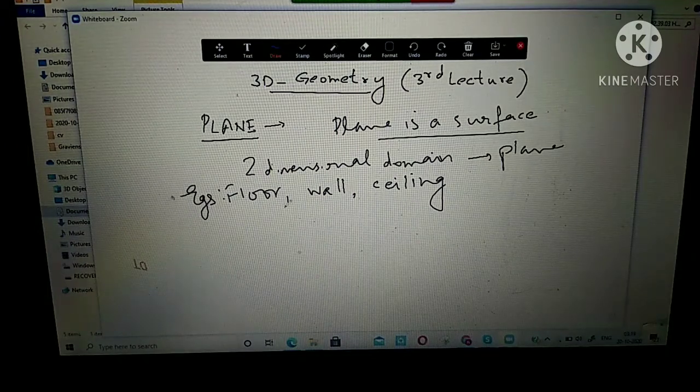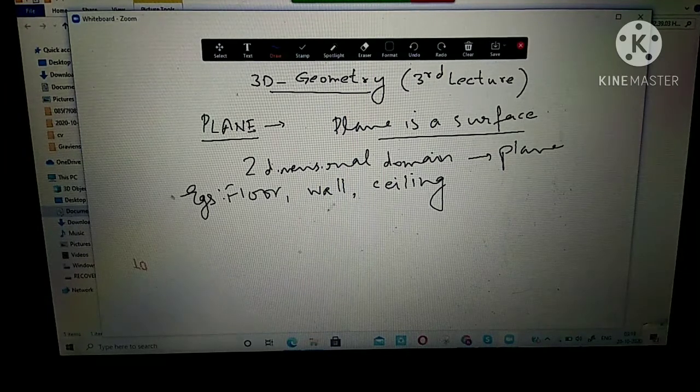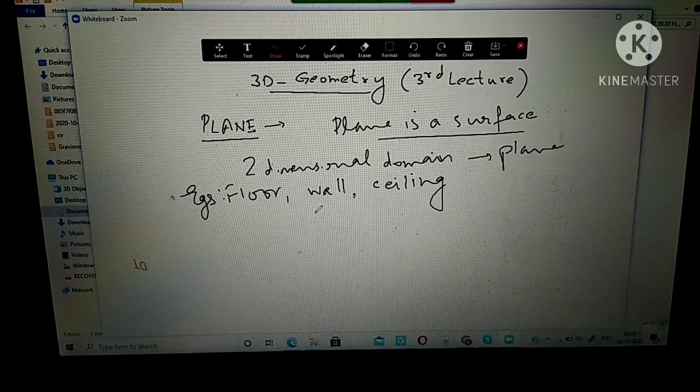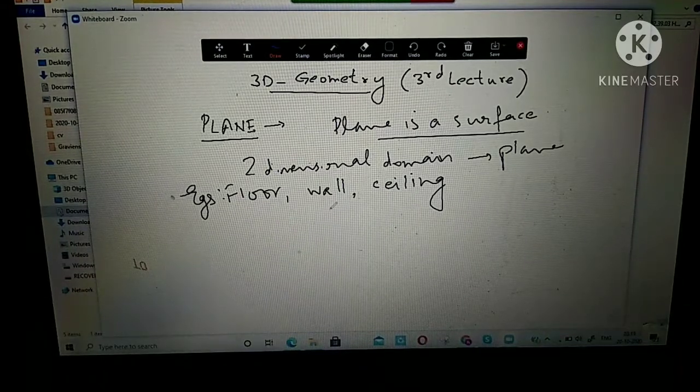Now we come to the point where we have to understand how we can find the equation of a plane.